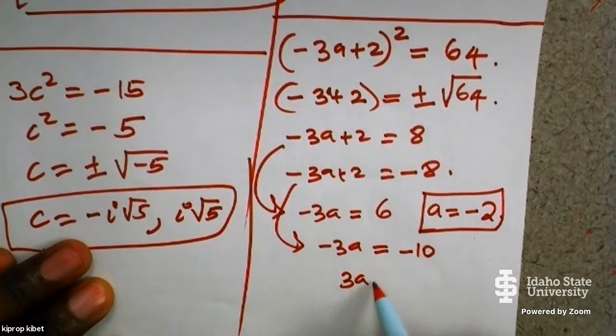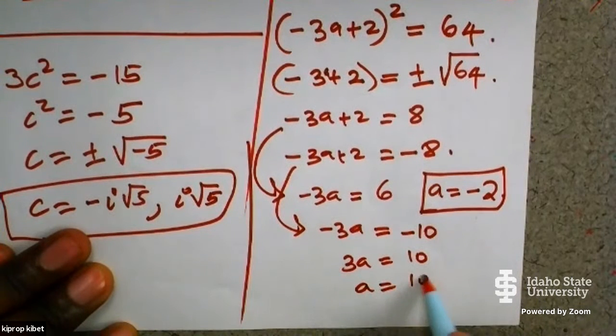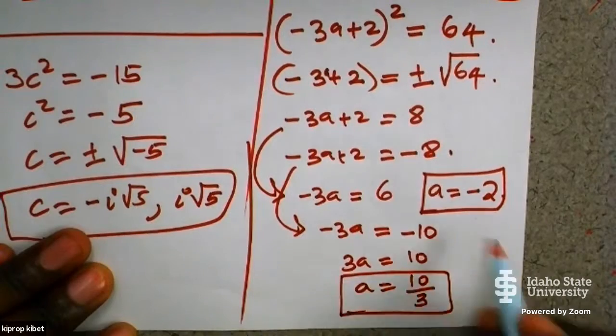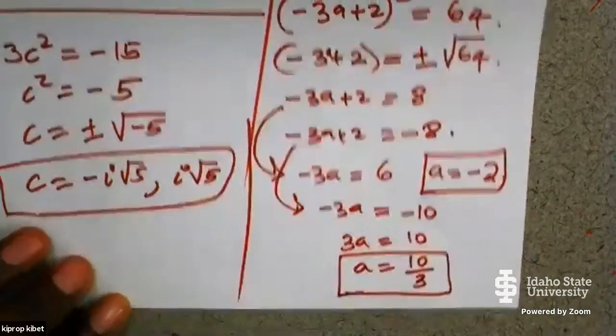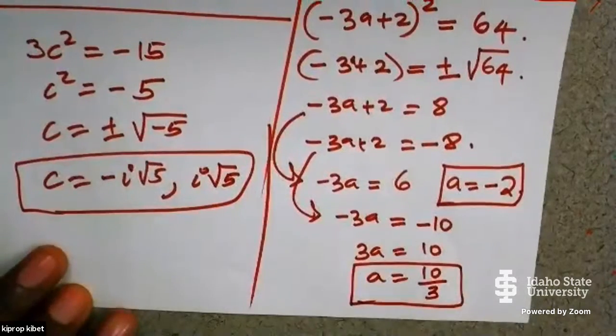So 3a equals 10. So a equals 10 all over 3. So we have two values here: a equals minus 2 and a equals 10 all over 3.